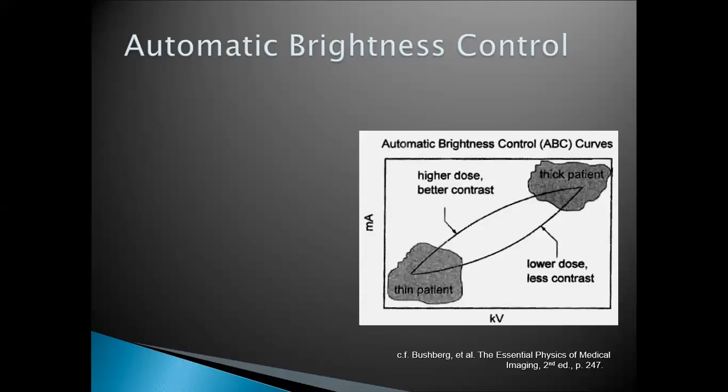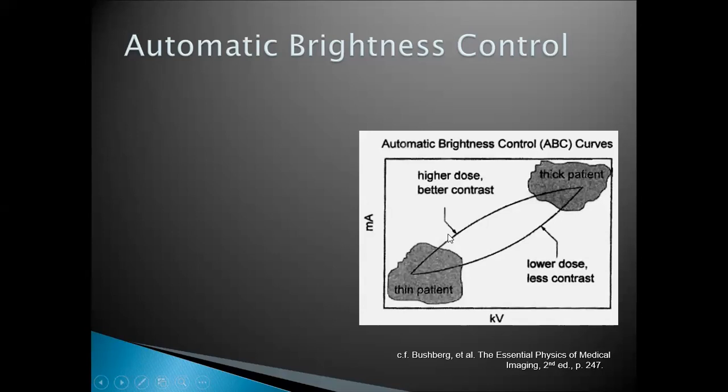So this is for a thick patient. Thick patients require a higher dose and a higher kV, whereas a thin patient requires a lower mA and a lower kV. But the machine's ABC is what actually does that. It looks at a particular patient: am I going to increase mA more than kV, or kV more than mA?